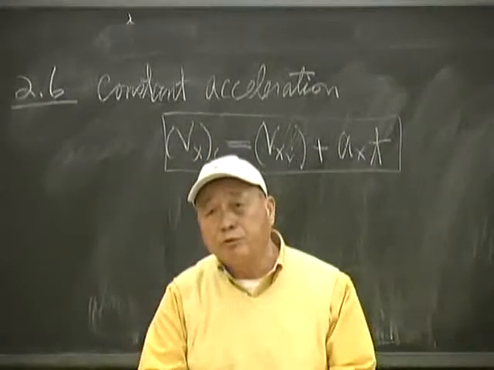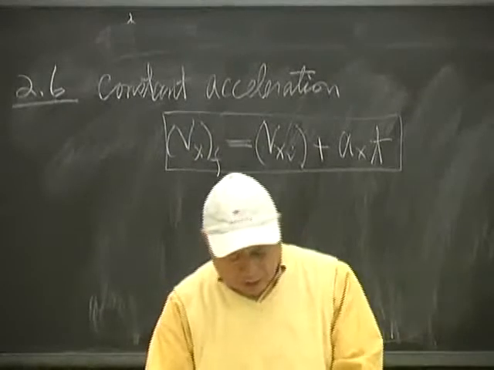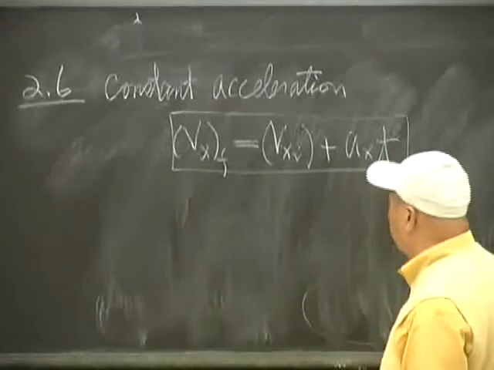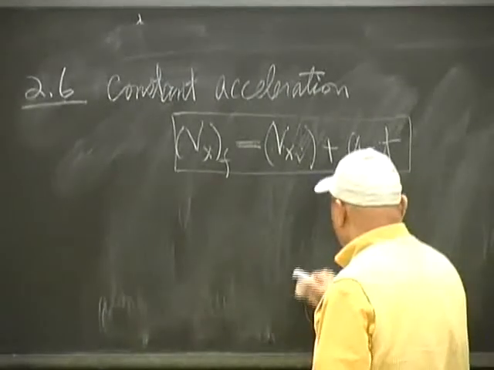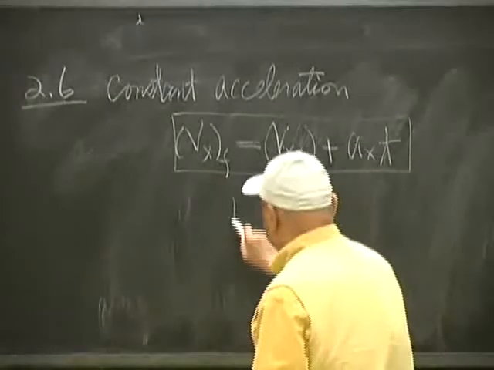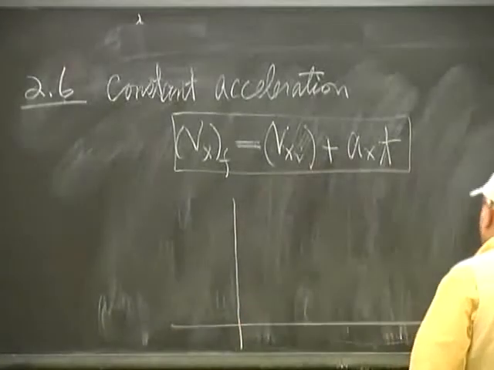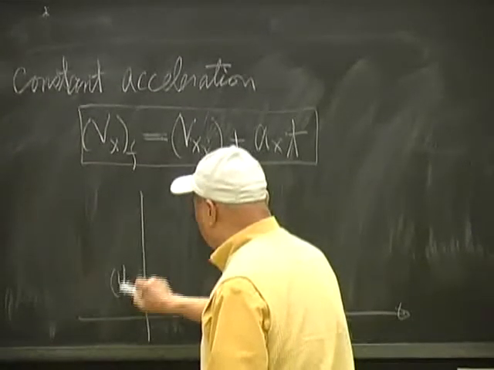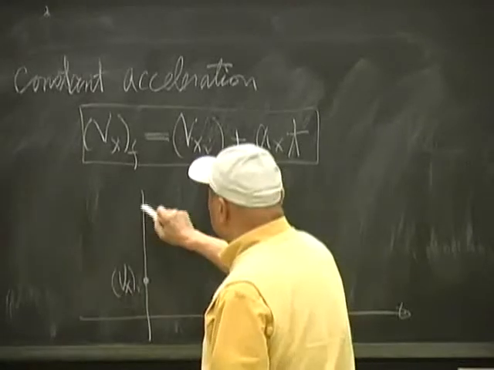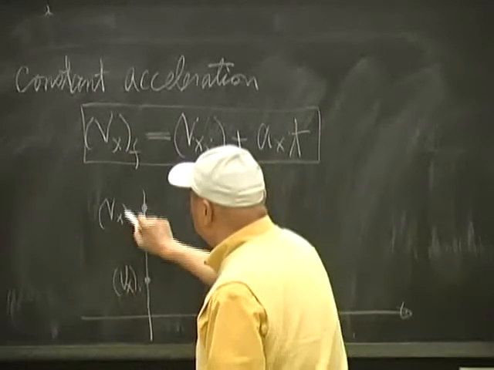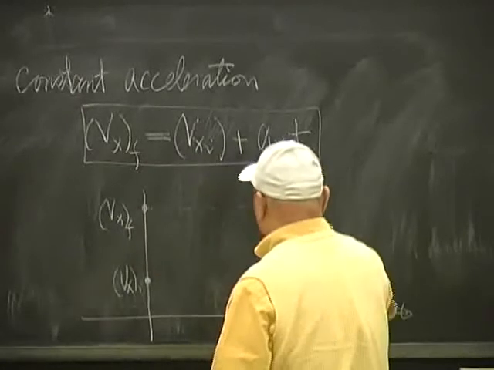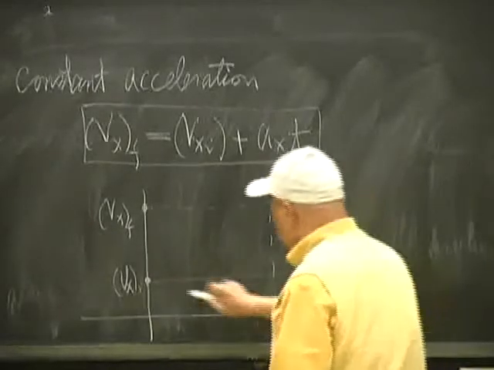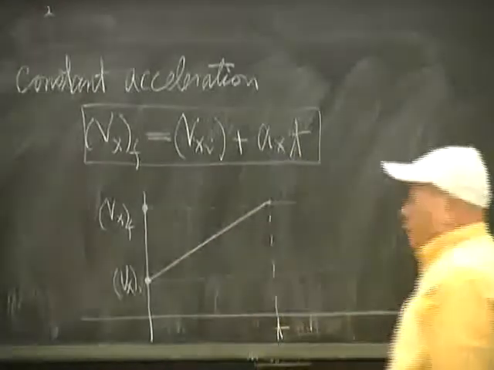Okay, now we want to move on to talk about the second equation. The second equation we like to talk about, we like to draw this diagram first. This diagram indicates v sub xi right here, and this is v sub xf right here. Then t is here.